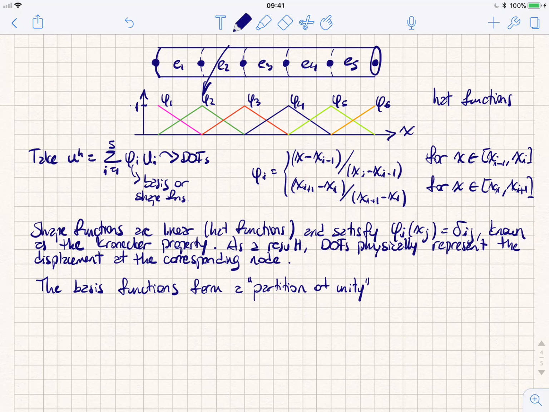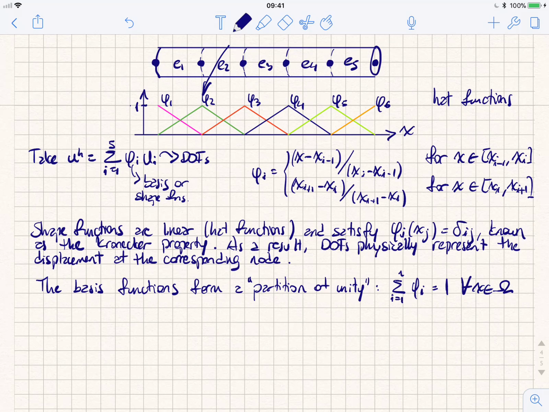And I'm going to put that in quotes because it's a very nice and very important concept that will come back later when we look at the generalized finite element method. Okay? That means that if you take any point in that domain, this holds. So the sum of functions is equal to 1.